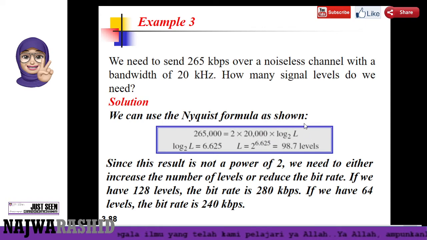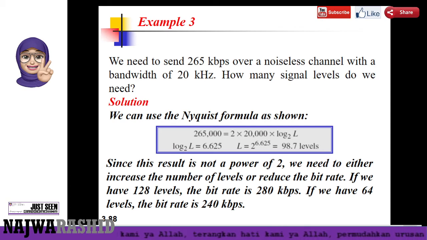We need to identify how many levels. Based on the formula, when we do the calculation, log L base 2 is equal to 6.625. So L equals 2 to the power of this, which is 98.7 levels. Since this result is not a power of 2, we cannot get an even number.